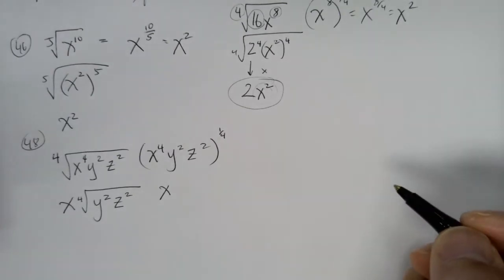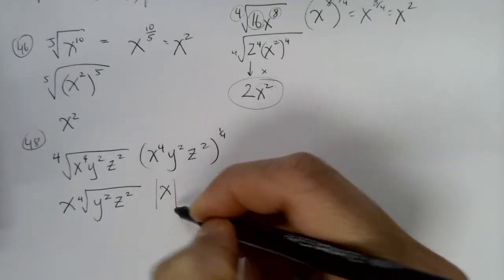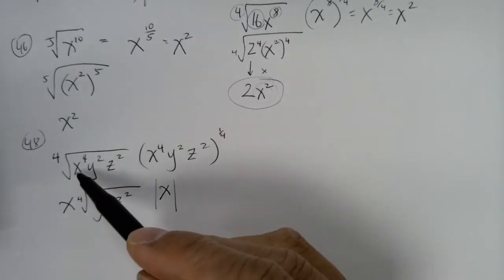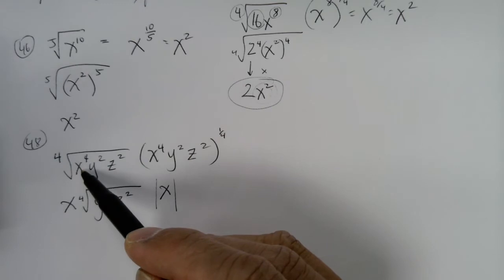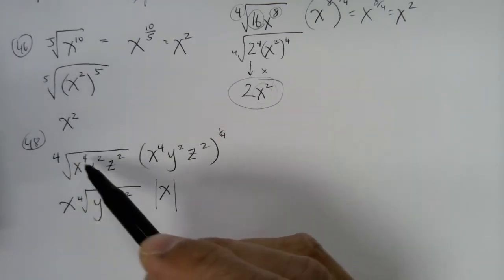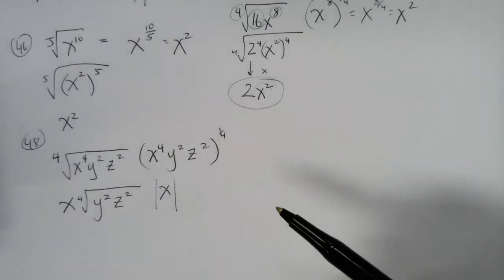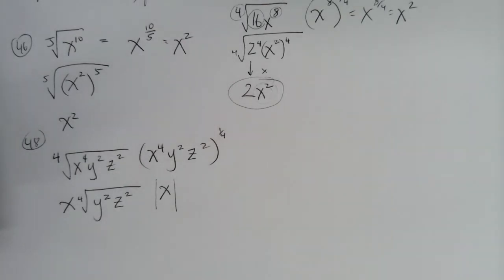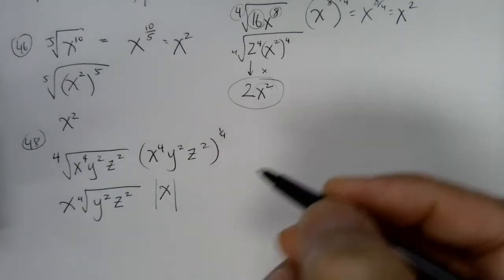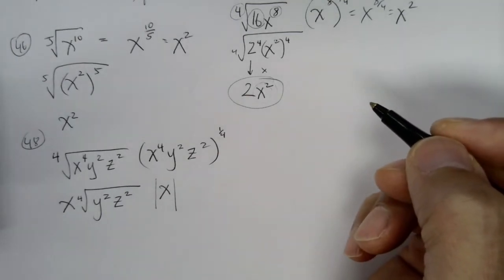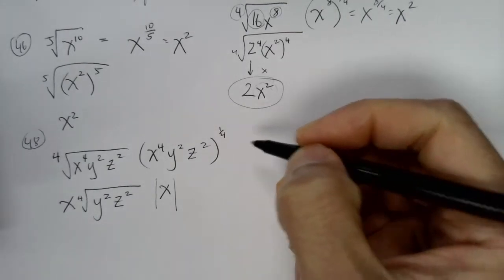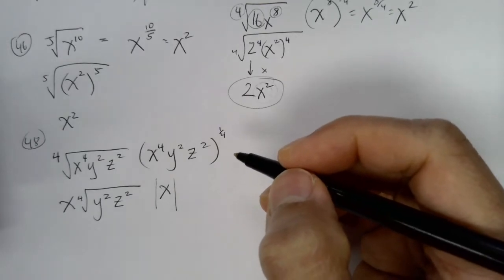And also I should remember that I want to put that in absolute value brackets because, well, what if x is negative? Then x to the 4th would be positive because it's an even power, and then the fourth root is going to be positive because your root is always a non-negative number. That's why we have to add the plus minus when we're solving for x, and x could be negative. But if we're looking for the root, that's a positive, or at least non-negative number.